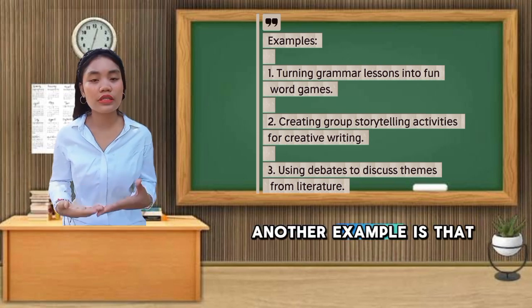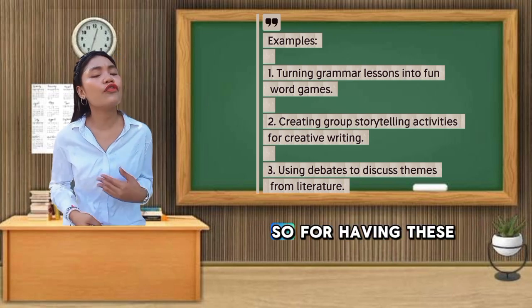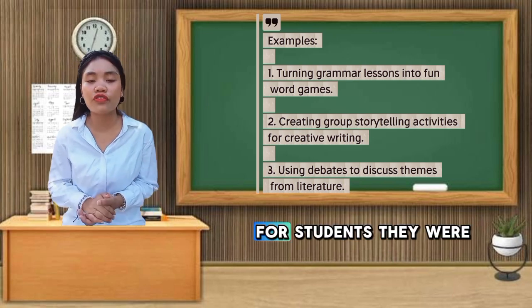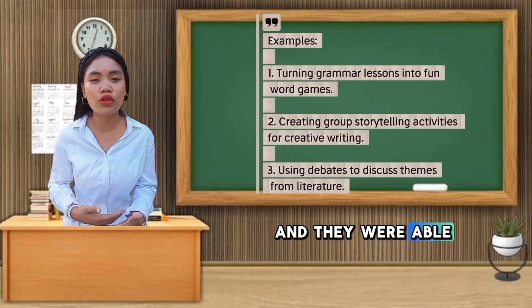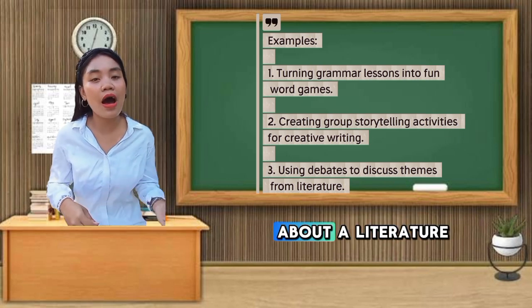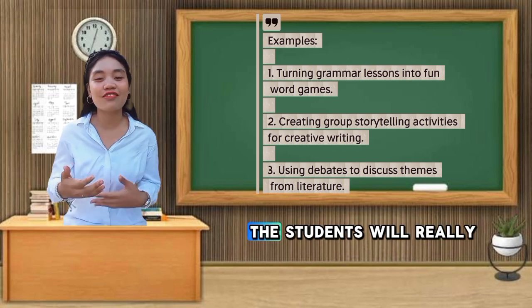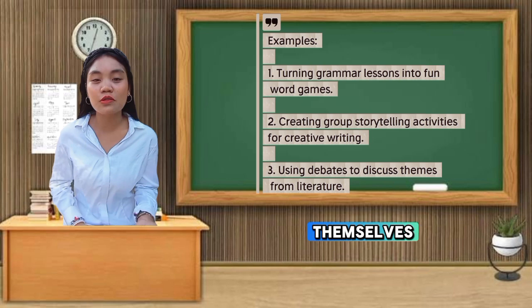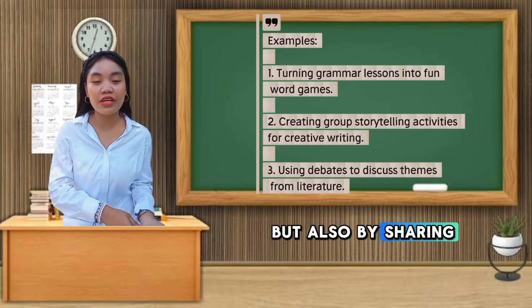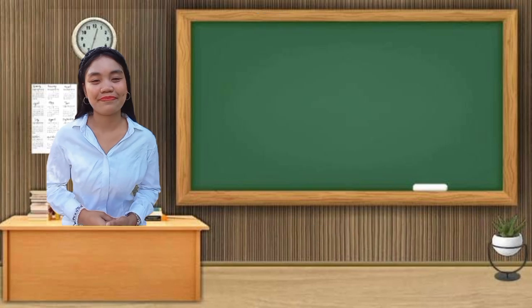Another example is using debates to discuss themes from literature. In these debates, students read and give facts about a literature, and by doing that the students will really learn not only by themselves but also by sharing their insights with other classmates.